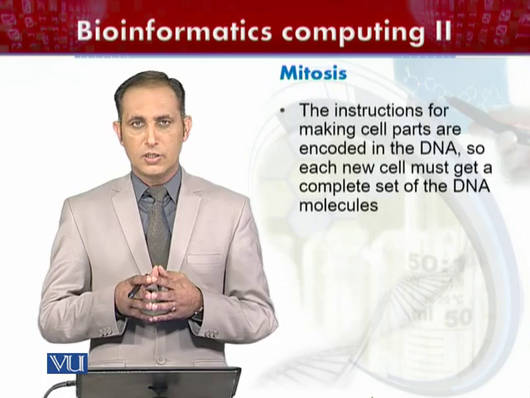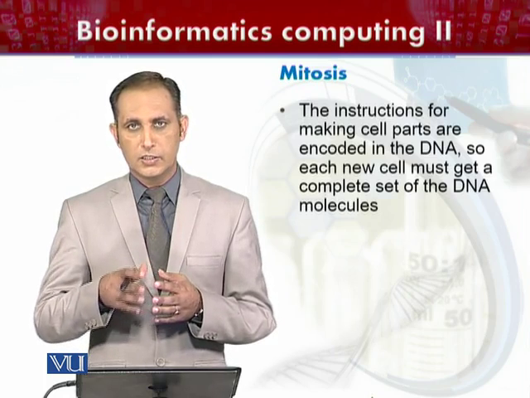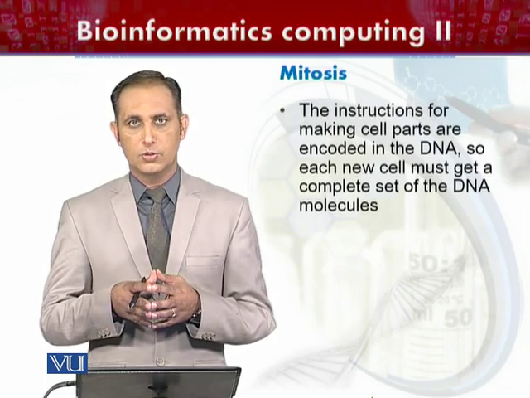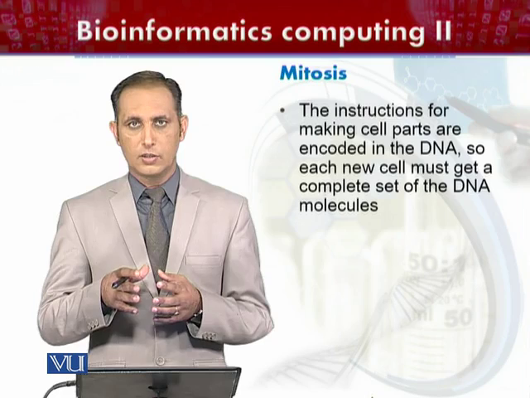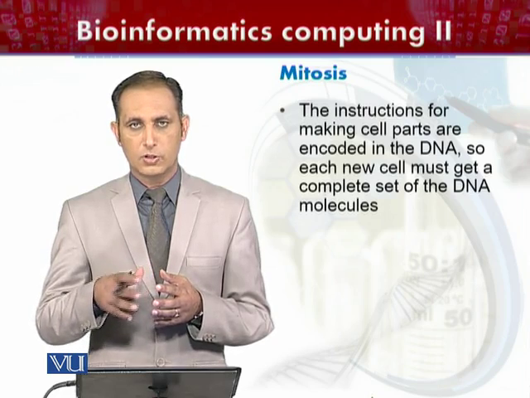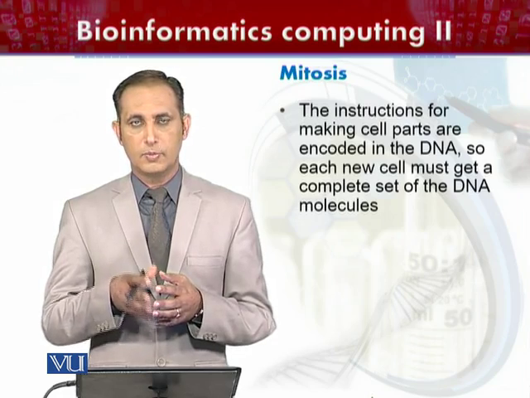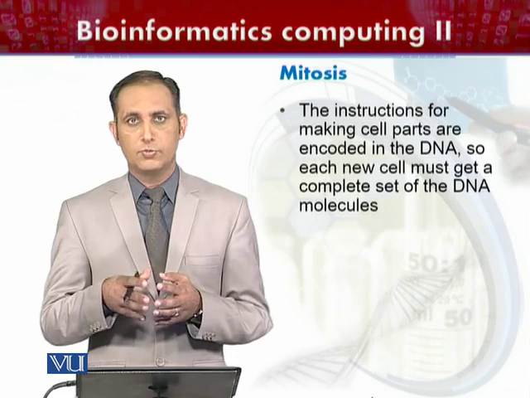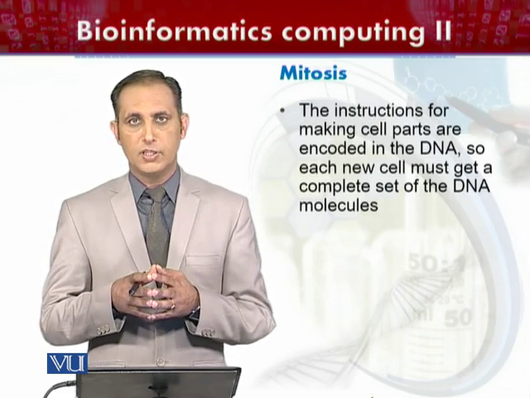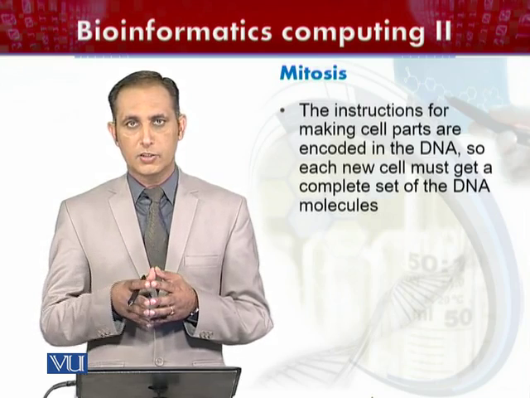The instruction for making the cell is coded in the DNA. So the DNA must be replicated before the division of the cell through mitosis. There must be a faithful process of replication present in the cell, and cells do have a very faithful replication mechanism. They replicate usually without errors.